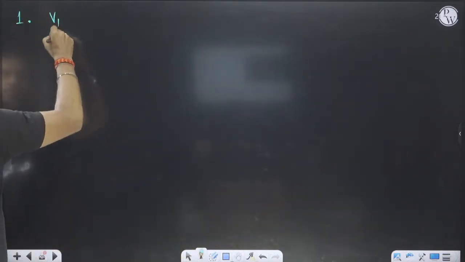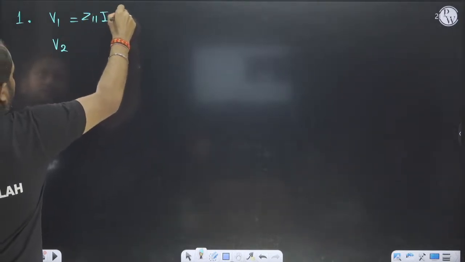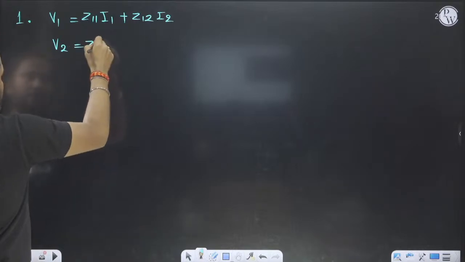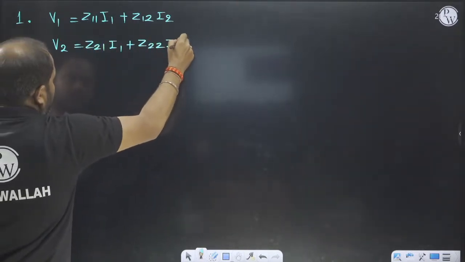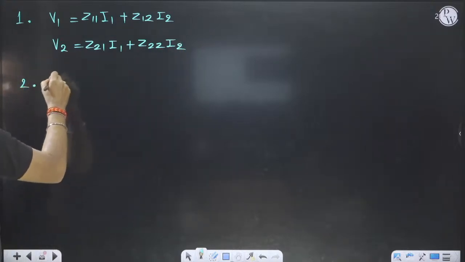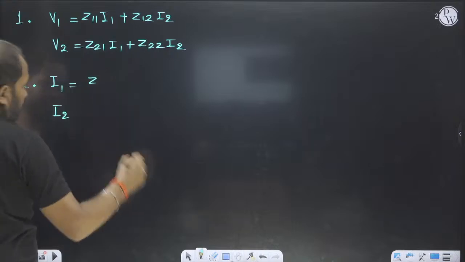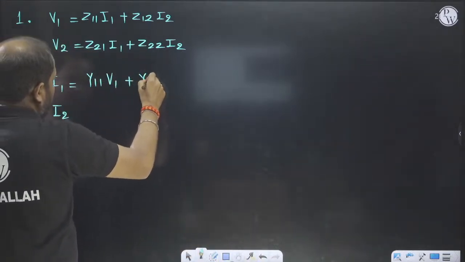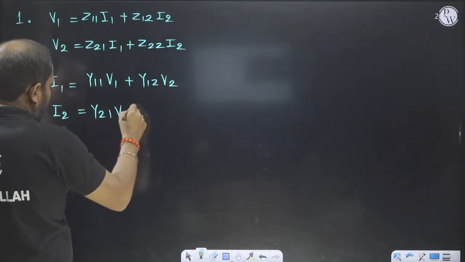First one is Z: V1, V2, so Z11 I1, Z12 I2, Z21 I1, and Z22 I2. Second one is I1, I2, so Y11 V1 and Y12 V2, Y21 V1 and Y22 V2.